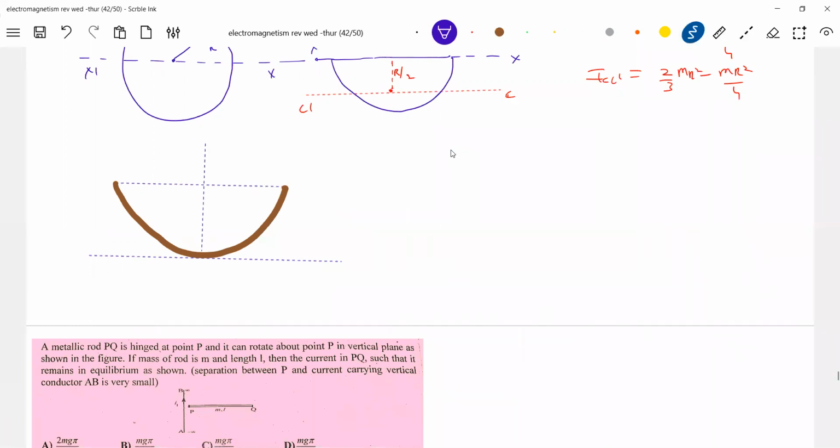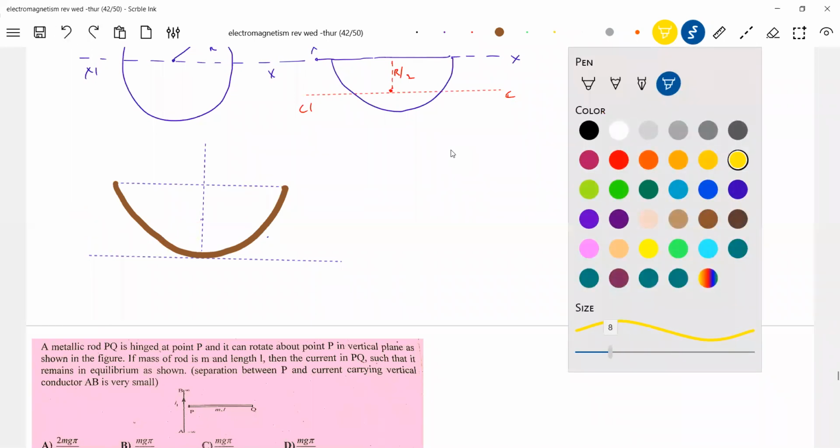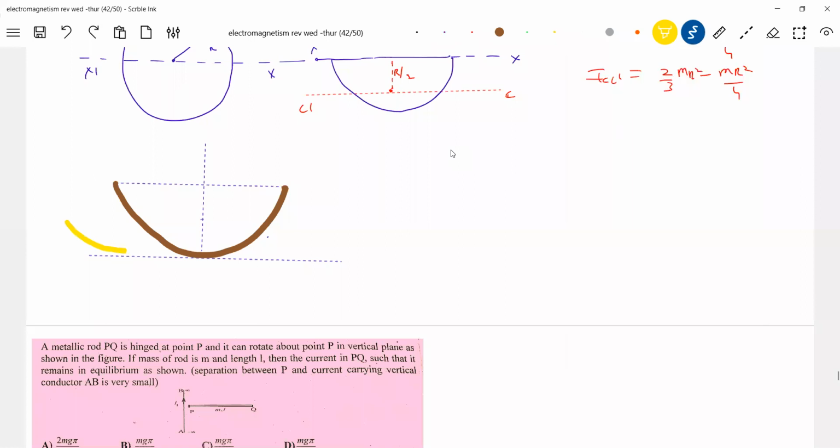So if I slightly displace and release, it should come to something like this. Yeah, so this will be the condition now.